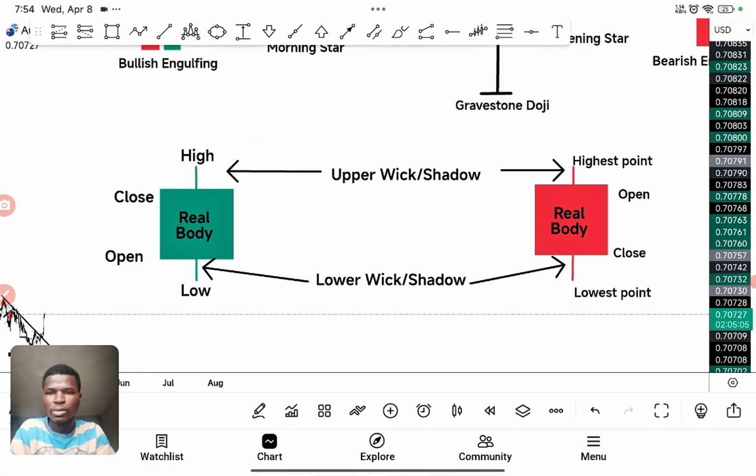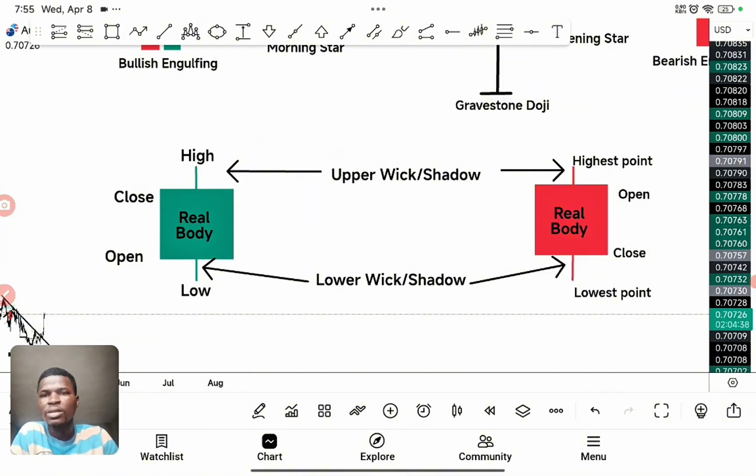Let's dive into the anatomy of a candlestick. This is the most important part. Once you get this, everything else becomes easy. There's nothing much you can do if you are not familiar with the candle.